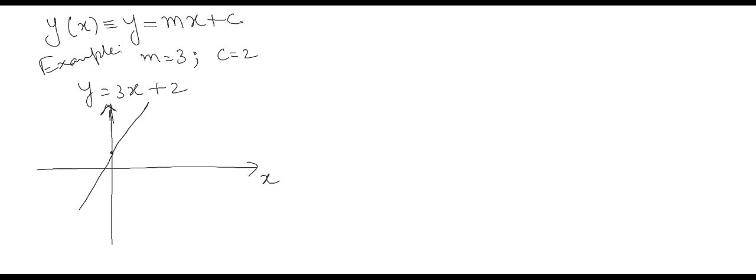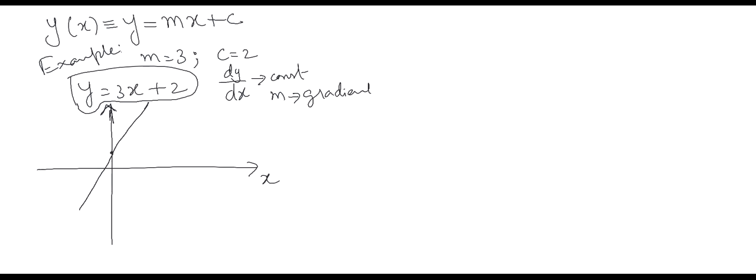So this whole thing is a straight line, as the relative first order difference, that is dy by dx, becomes a constant. In this case it is m, and we call that the gradient or slope.